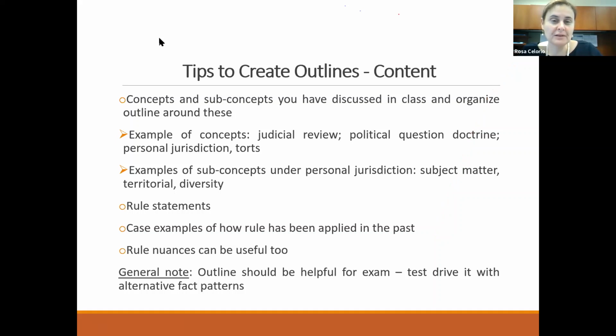So I always tell students that part of the outline is really to train yourself to not only absorb these cases, but to be able to apply them to future fact patterns.